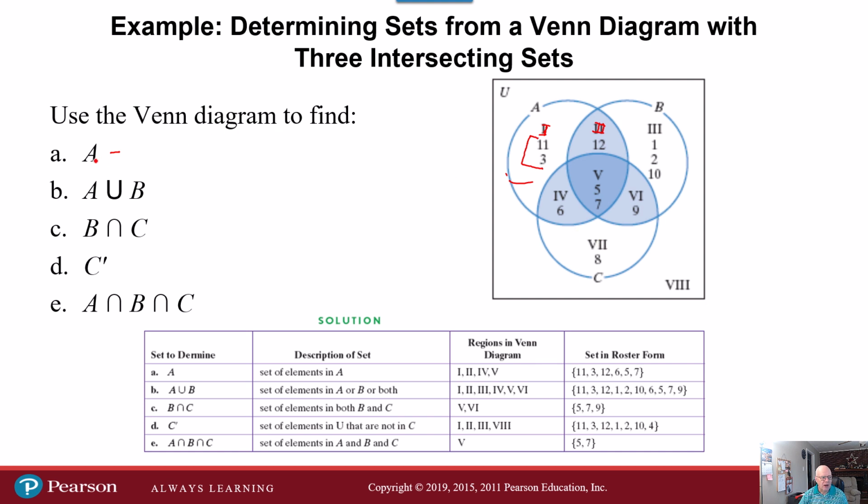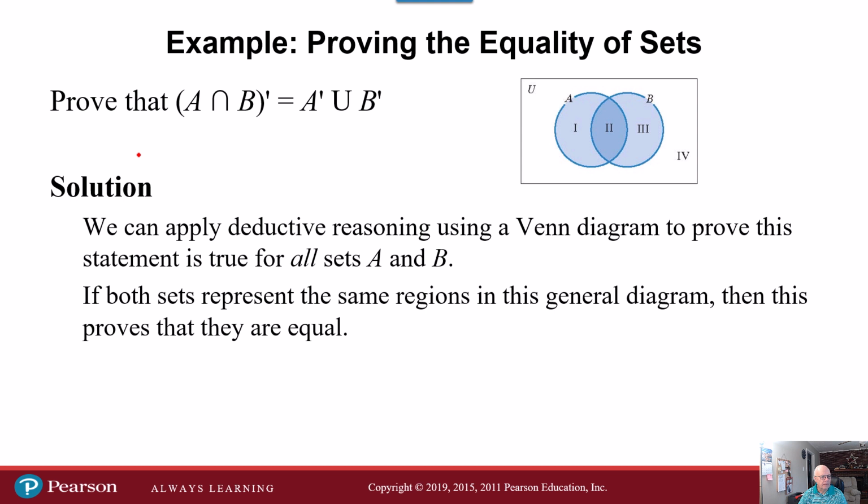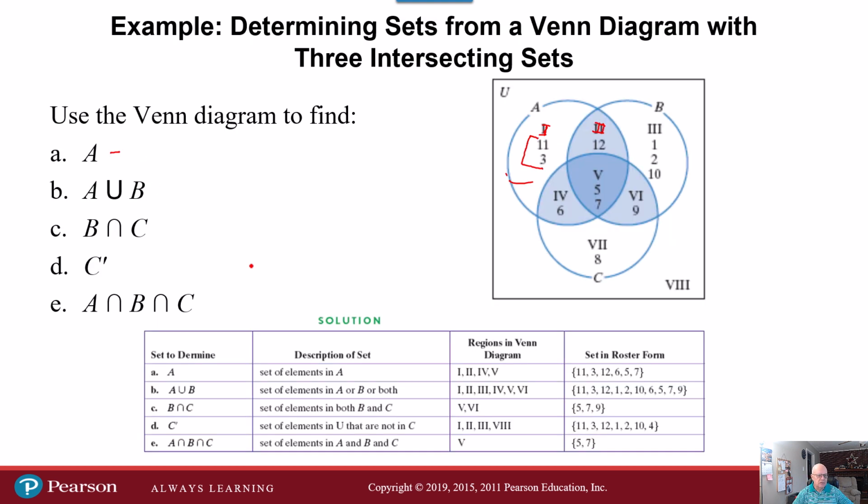So use the Venn diagram to find A. You got 11 and 3. So A. You can see what A is.